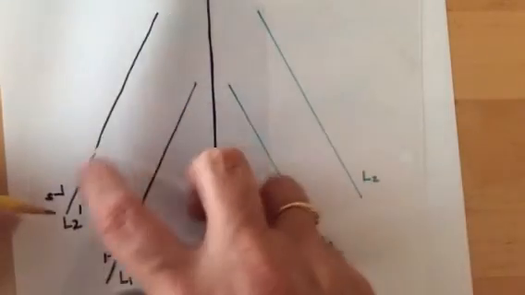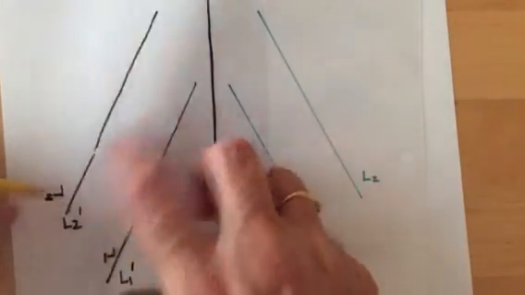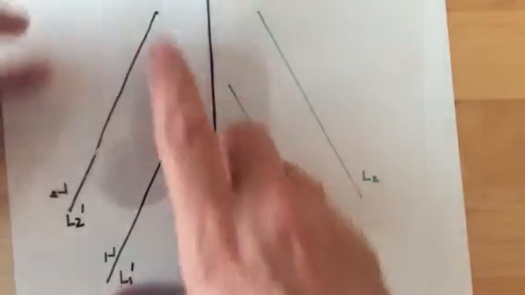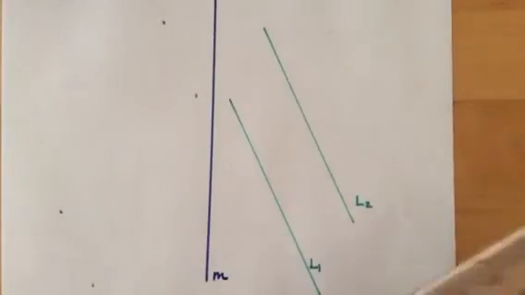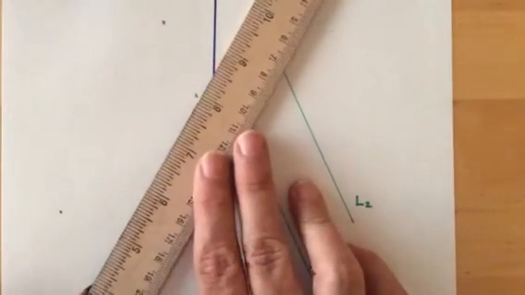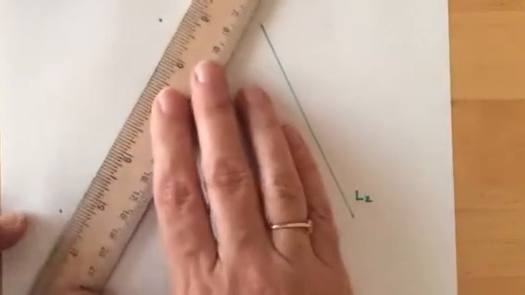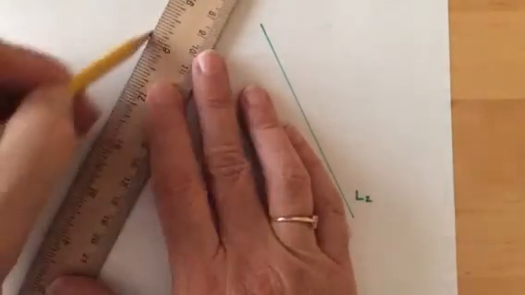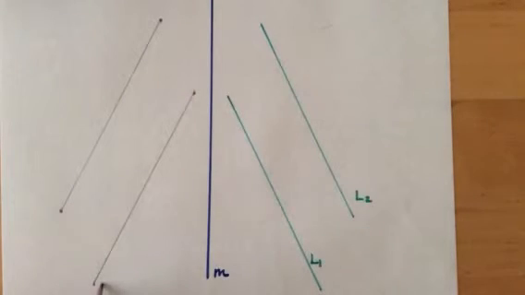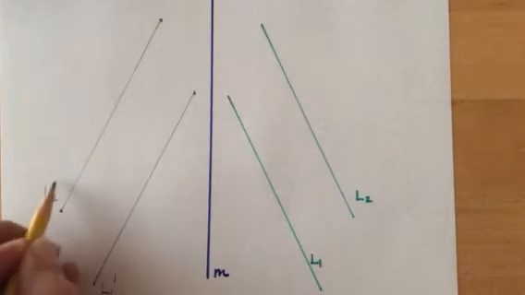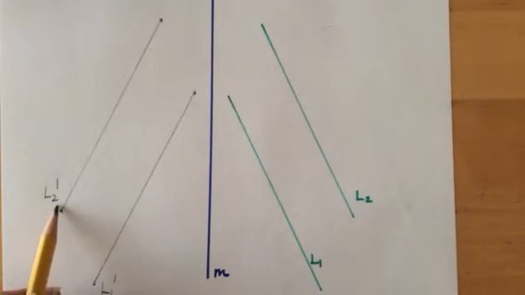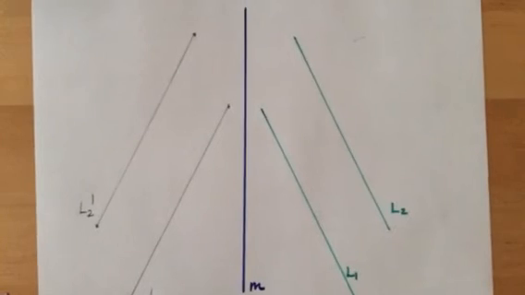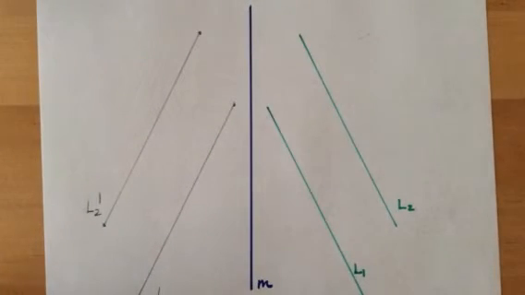And so obviously, since we're flipping them over and we see that this is a mirror image, we can see that reflections are going to take parallel lines to a new set of parallel lines. So there's 1 and there's 2. So this would be L1 prime, the reflection of L1, and this would be L2 prime, or the reflection of L2. Okay, and we can make a case for that. We can make a proof for it, but I think for now, this will be good. We'll probably get back to that later.